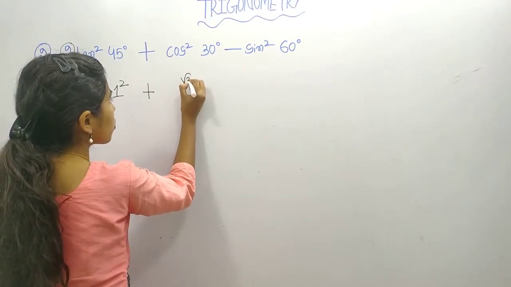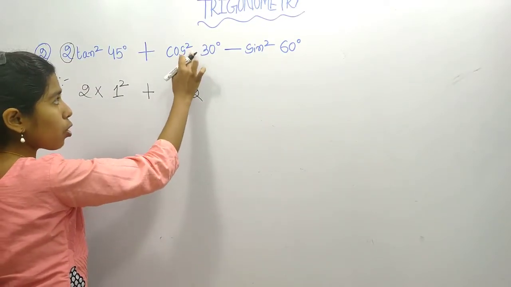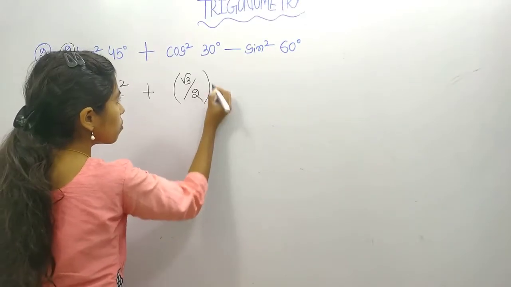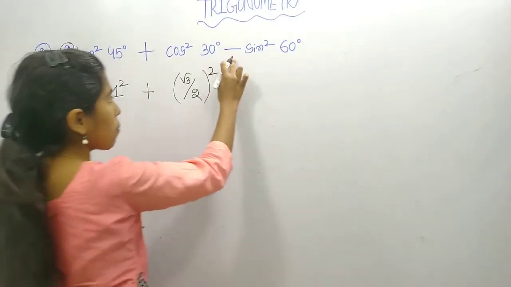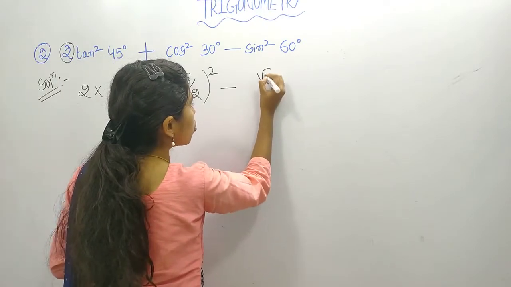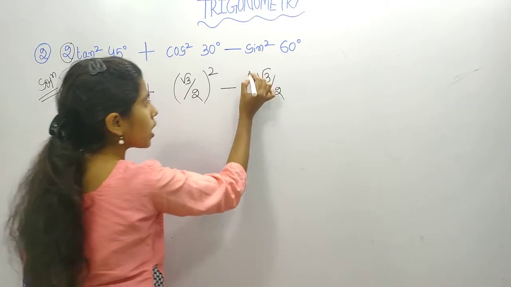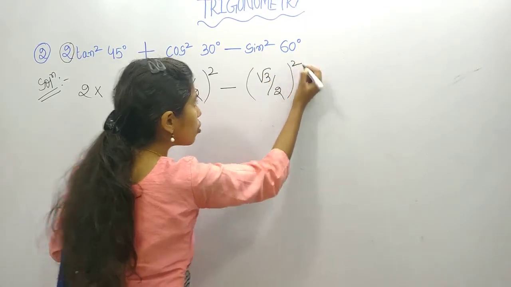So first you have to write the value. Then you see here square is there. Cos square. So it will become root 3 by 2 square, minus sin 60. Sin 60 value is also root 3 divided by 2. Here you can find sin square. So here root 3 by 2 square.